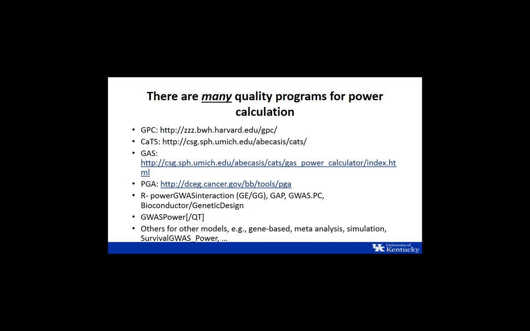R has a handful of power programs and packages. You've played around with R. You actually loaded a library today, the qqman library. You can load these libraries as well, and so on. We're talking single variant power calculators here, but you can also have power calculations for gene-based tests, for meta-analyses. You can use simulation, and so on and so forth.